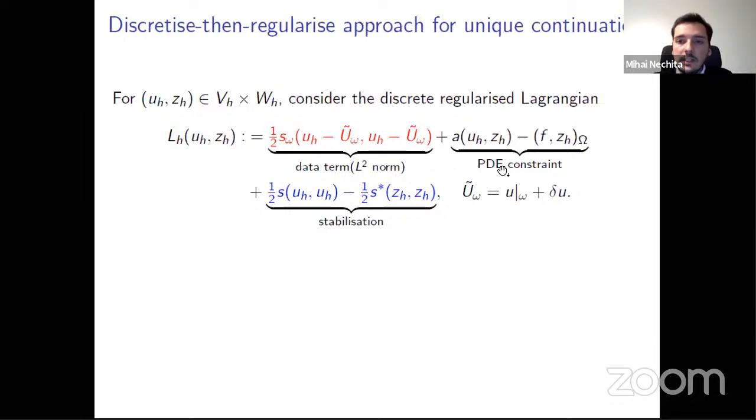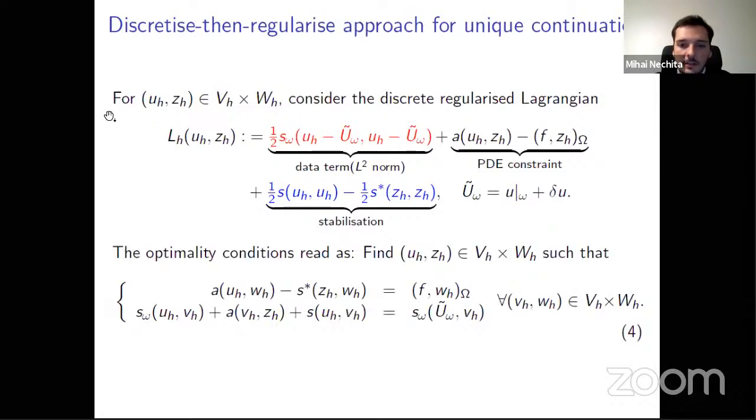Then we have the PDE constraint, so we introduce a Lagrange multiplier z_h. And then we have the extra stabilization or regularization terms, which for the moment I will leave quite abstract. We will see them later on. So this would be the discrete regularized Lagrangian. And the discrete solution now is u_h, which is the approximation of the solution we want to recover, plus this Lagrange multiplier z_h.